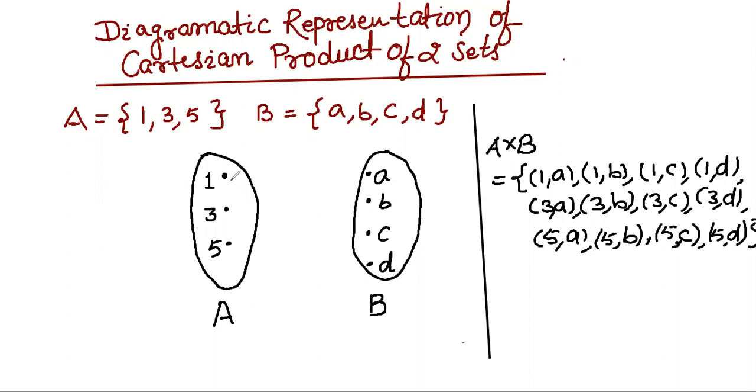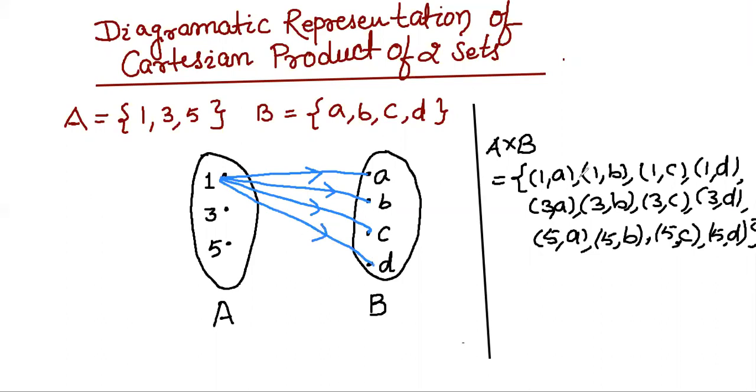So here we will represent them. 1 is connected to a, and after that we have to apply an arrow. Then 1 is again connected to b. Then 1 is connected to c. Then 1 is connected to d.